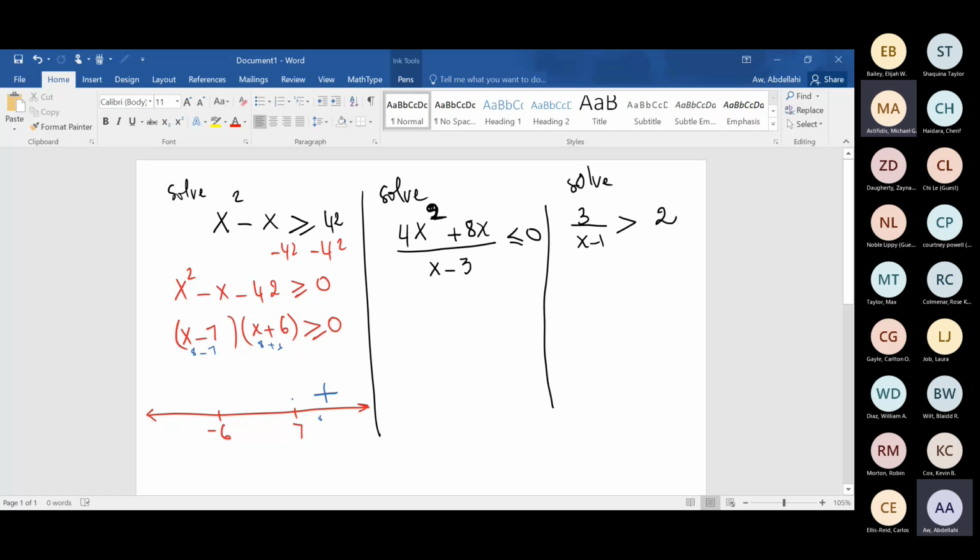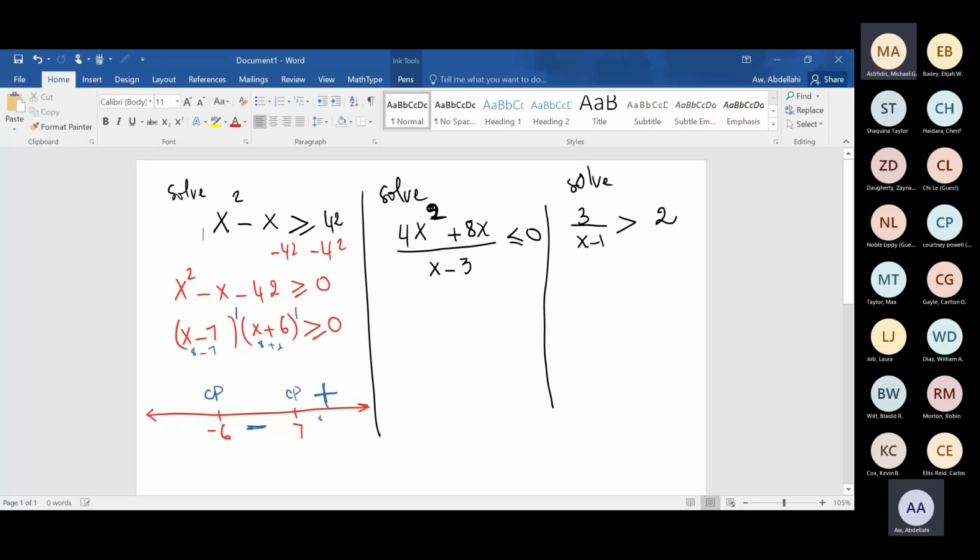Or you say that 7 is a cross point. Because 7 is a cross point, if this was plus to the right, it's going to be minus here. And why is 7 a cross point? Because the exponent is just 1. And -6 is also a cross point. If it is minus here, it's going to be plus here.